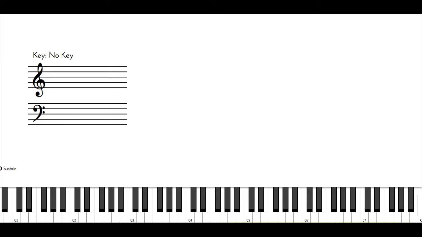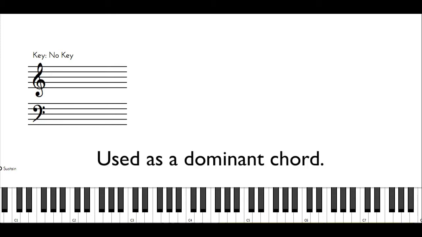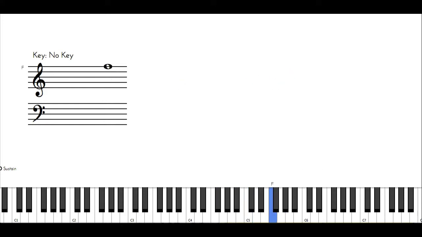The Mixolydian mode is used primarily in dominant 7th chords. If I were to spread the mode out from the scale, I would just play every other note like I did in the previous videos.